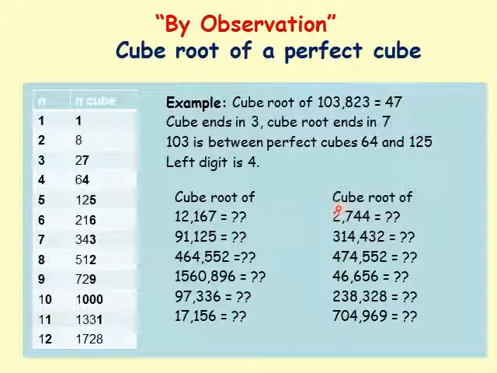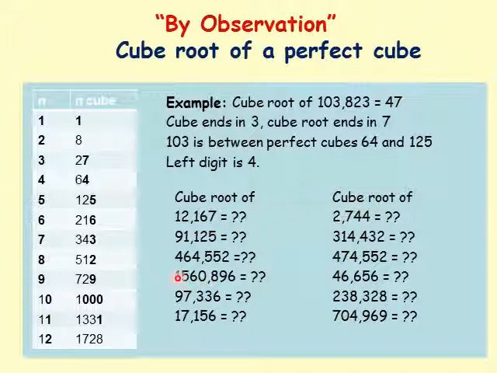For the tens place of the cube root, look at 2 here and come back to the table. 2 is between 1 and 8. So that gives me that the tens place answer for the cube root is 1. So the cube root of 2744 is 14.